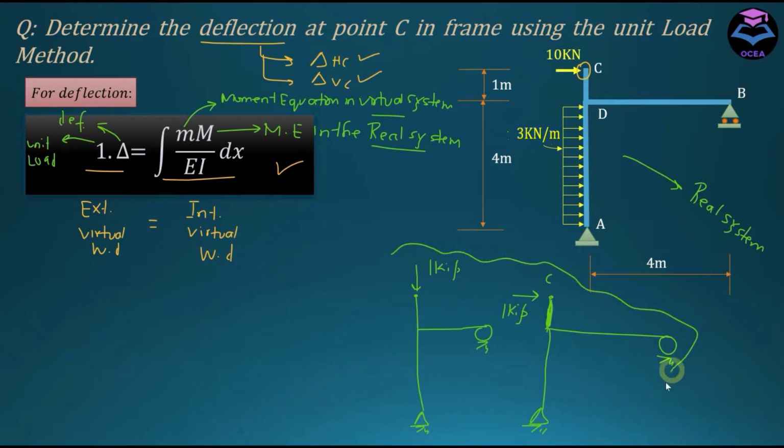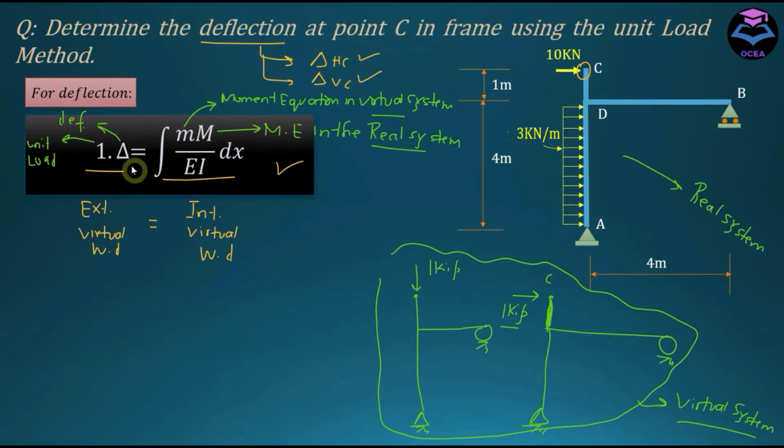These are the virtual systems, where you remove all the actual loads and apply a unit load at the point where you want to find the deflection, in the lateral or the vertical direction.